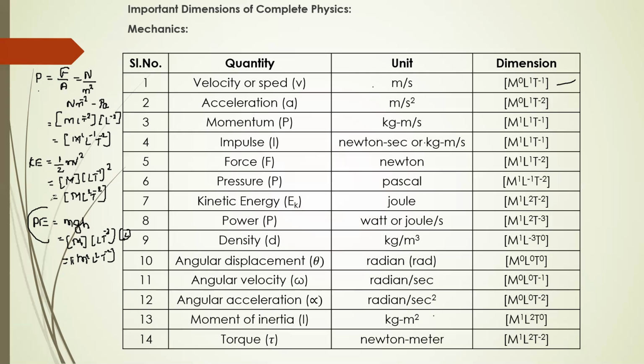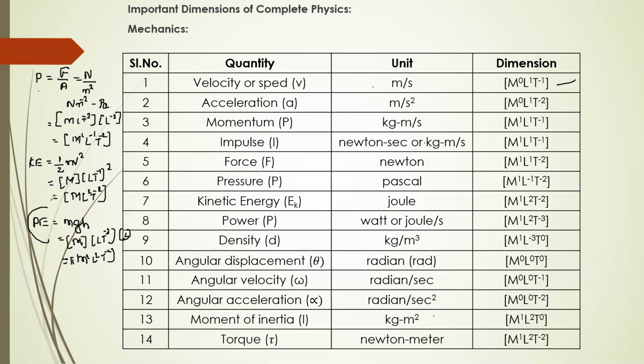Yes. So here, what we can say from this is, how many types of physical quantities are there? Compared to the dimensional formula, the number of physical quantities is more. Why? Because there are some physical quantities which have the same dimensional formula.